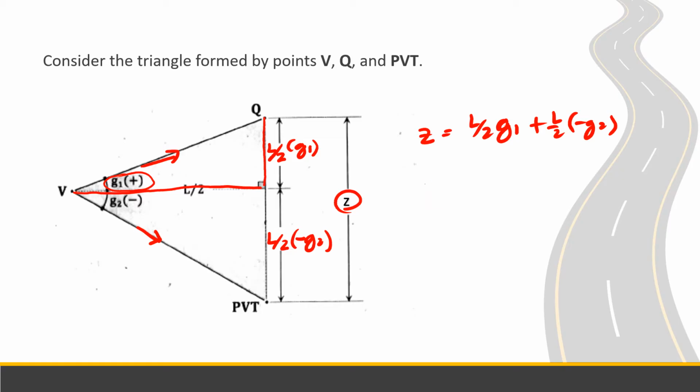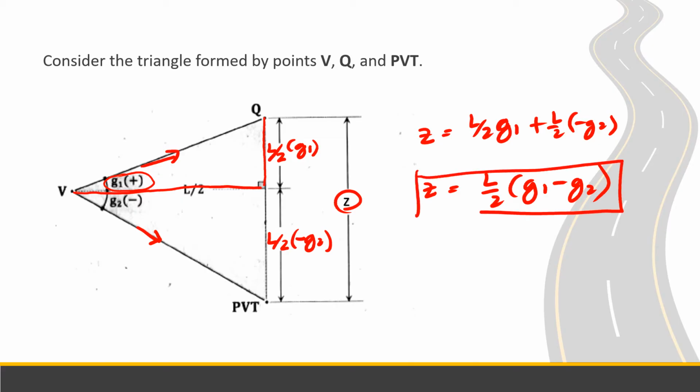If we factor out L over 2, Z will be L over 2 multiplied by G1 minus G2. So this is the equation for Z, the vertical distance.